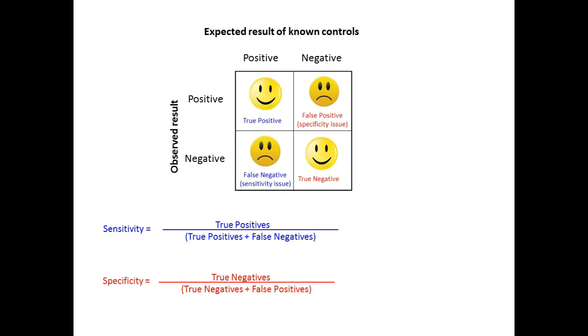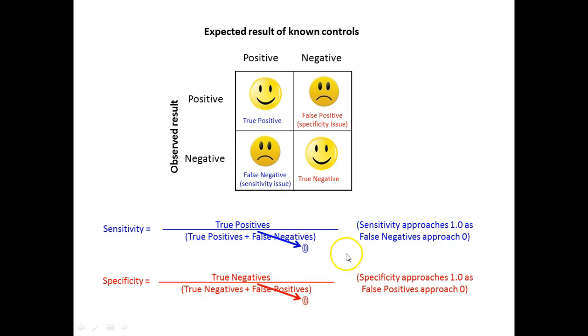If we don't have any false negatives, then we're not dealing with a sensitivity issue. For false positives, it's a specificity issue. So hopefully you have 0 for both of these, and then you don't have sensitivity or specificity issues. If you have any false positives or any false negatives, there are some issues with your test.